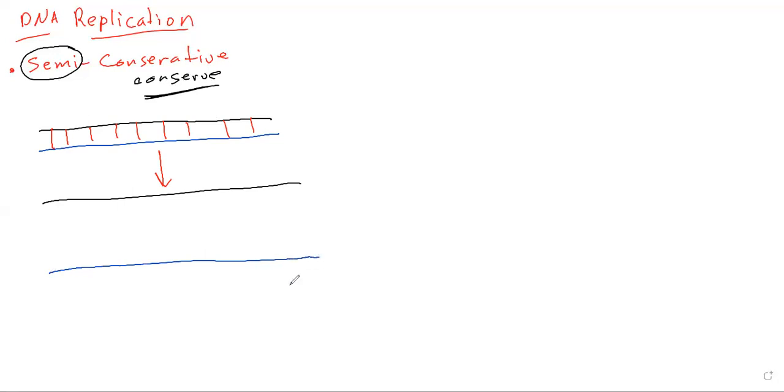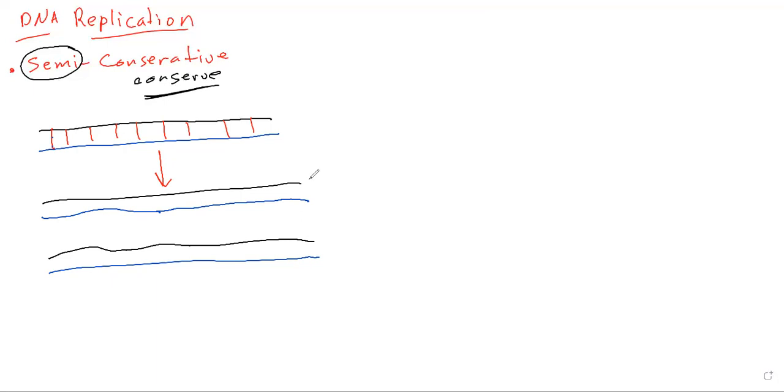Now we know that the strands are complementary to each other, meaning if this was an A down here, you would have a T. The black is complementary to the blue, and the blue is complementary to the black.